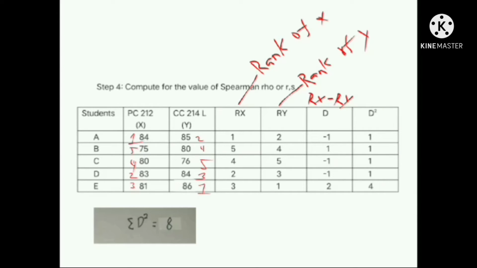All the answers of D squared are positive, even if D is negative. So 1 times 1 is equal to positive 1, and so on. Then the summation of D squared is 8, which is here.